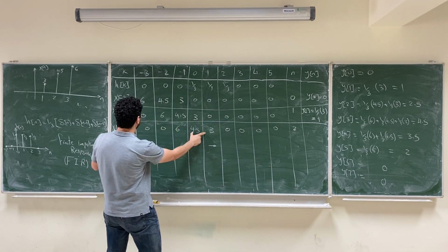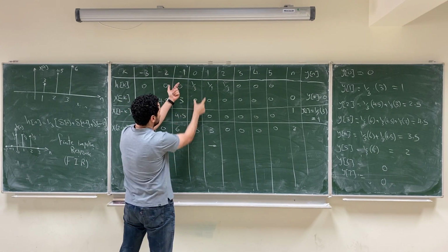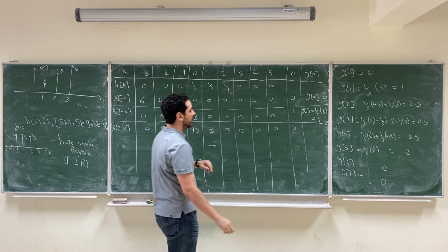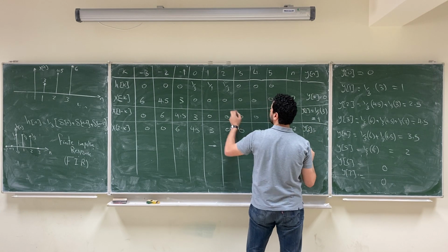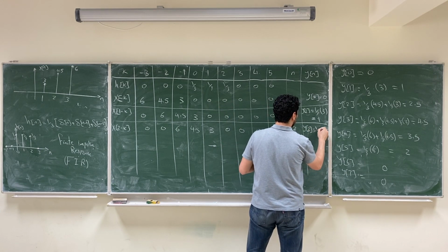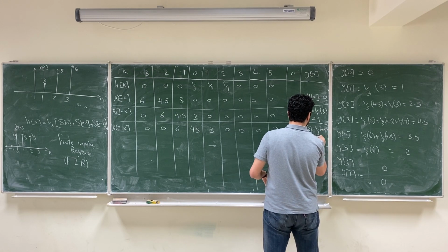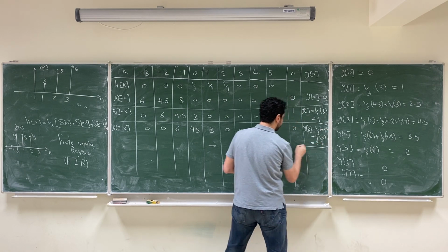Multiplying x of 2 minus k times h of k, we have overlap in two columns: 3 times 1/3 and 4.5 times 1/3. This gives y of 2, which is 1/3 times 4.5 plus 1/3 times 3, so 1.5 plus 1, which is 2.5.